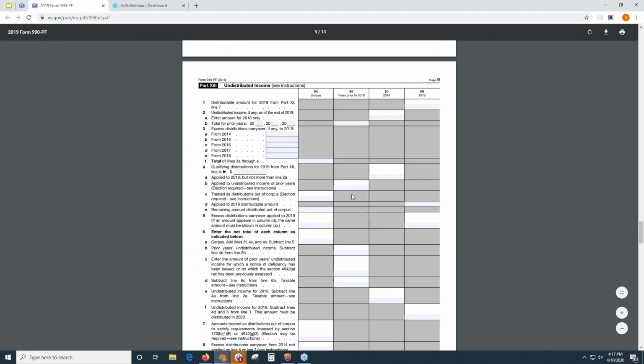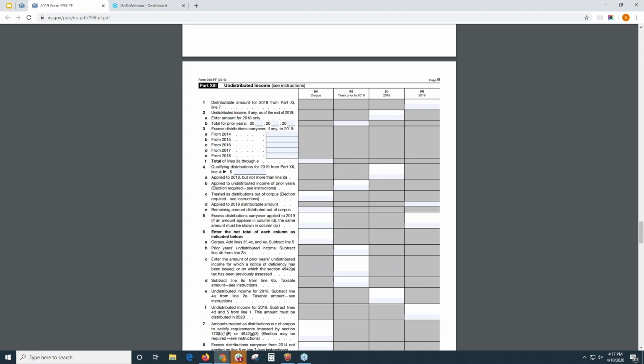So Part 13 is for undistributed income. If you check item D2 in the heading on page 1, you will not fill out this part. But the purpose of this part is to enable a foundation to comply with the rules for applying its qualifying distributions for the tax year of 2019.